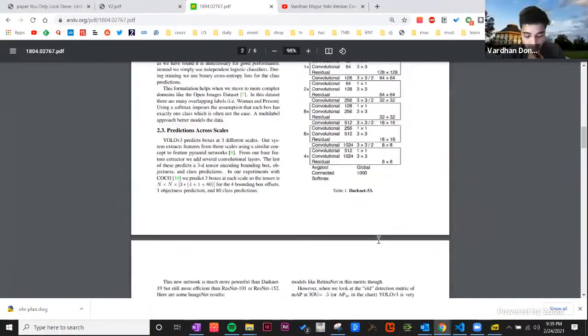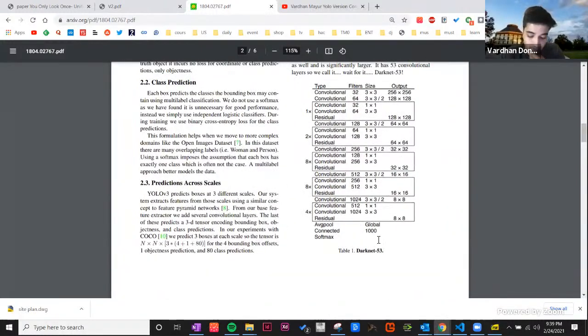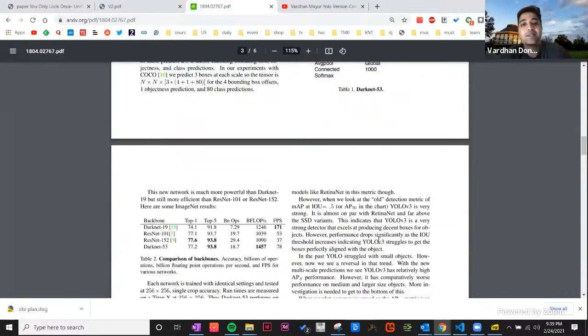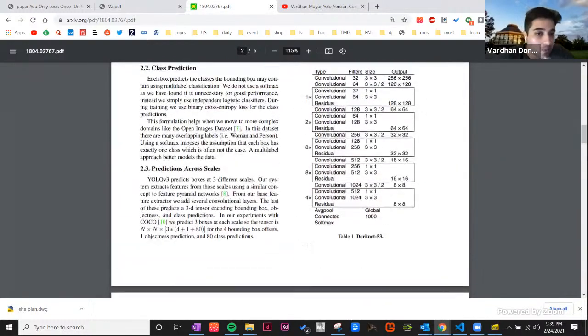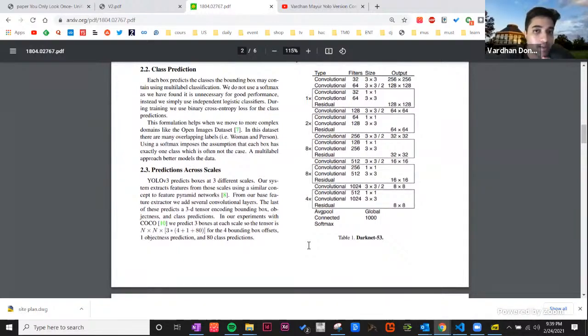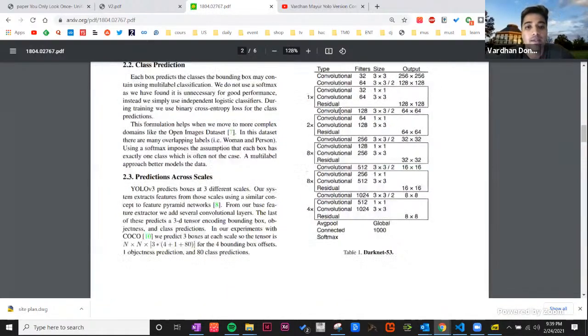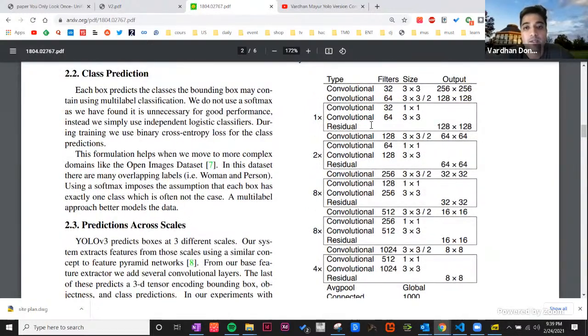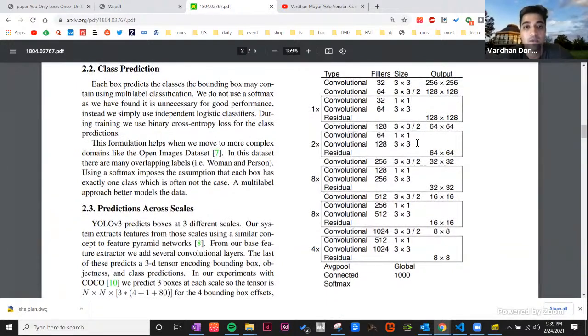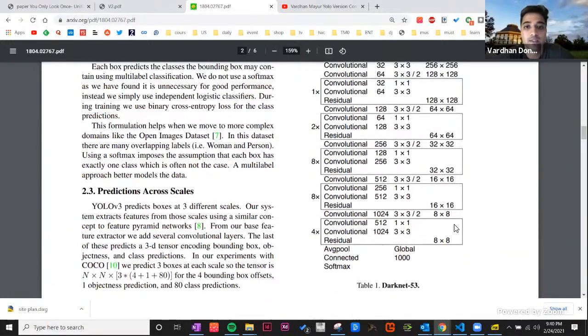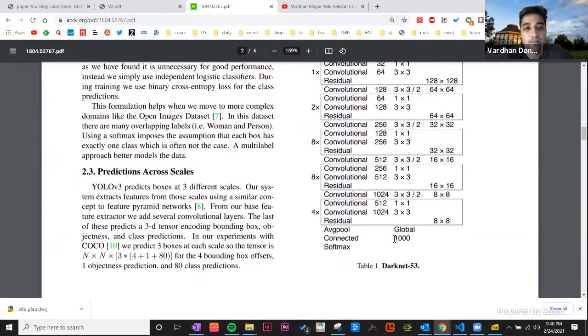I would disagree here because, of course, the results show that it's not the case. But one thing you can attribute here is the residual blocks. These are skip connections, and that's an important feature that distinguishes this network.